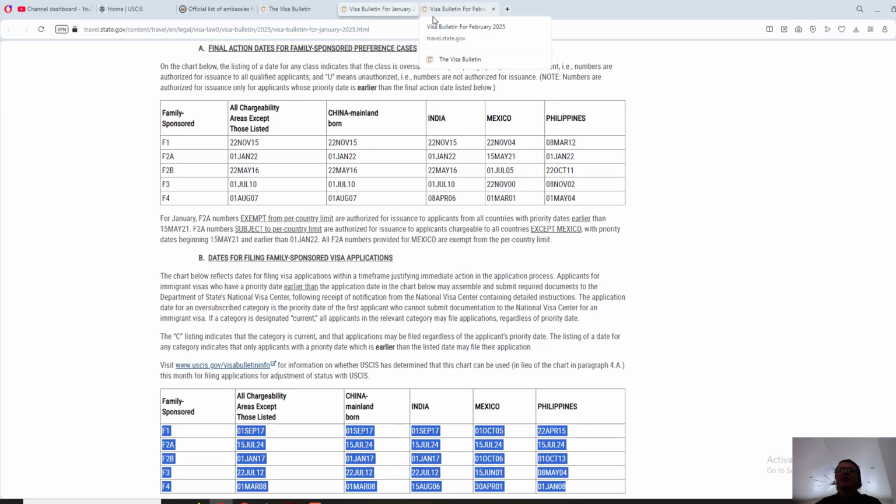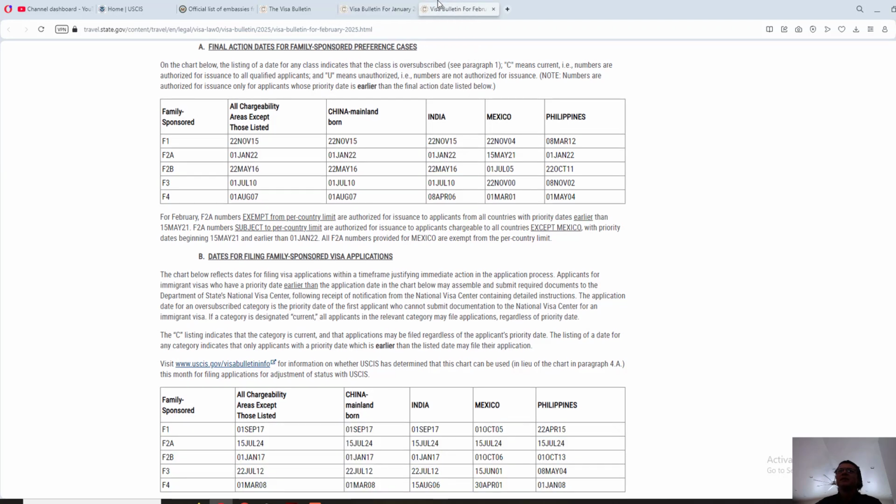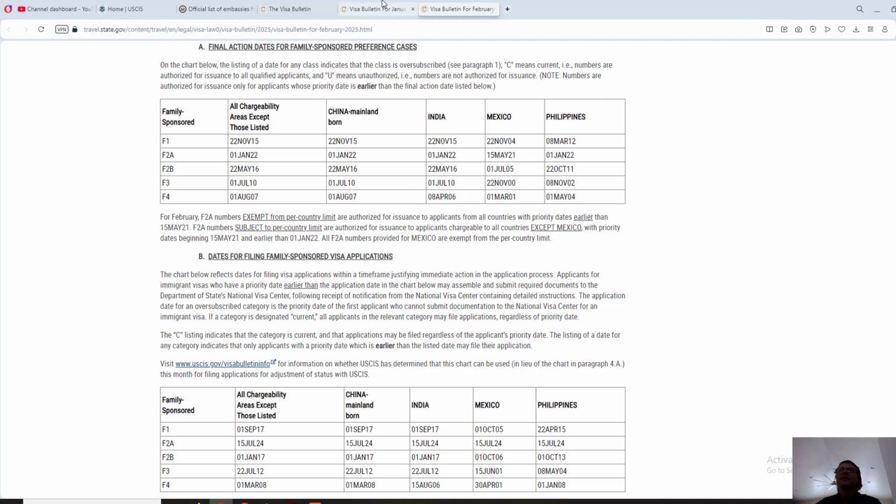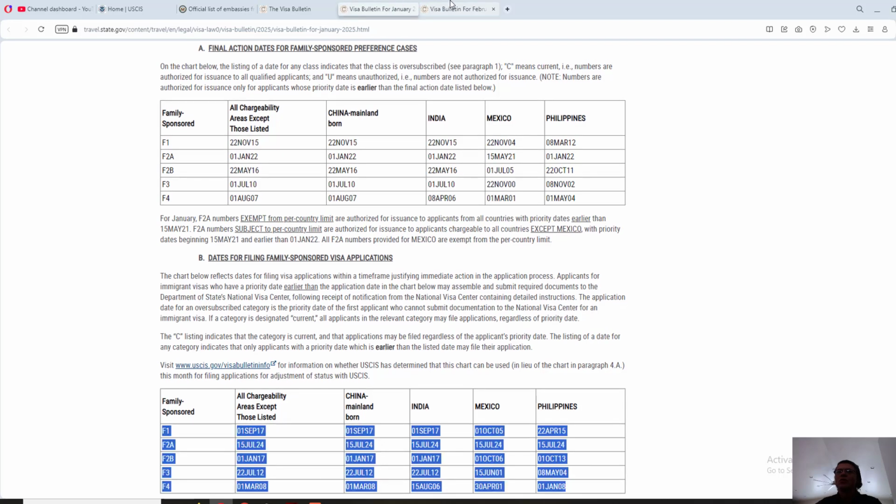So no movement for F1 for graph B, no movement for F2A, F2B, no movement. Really no movement at all? Nope. F3, let's see, F3, no movement. And F4, no movement at all. Wow.